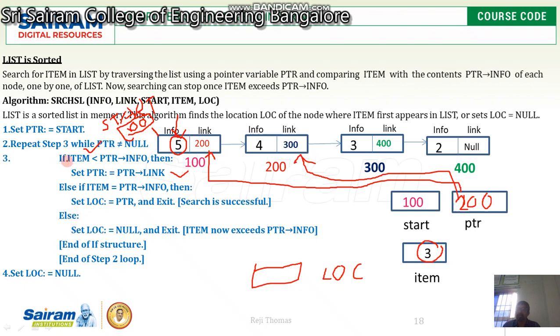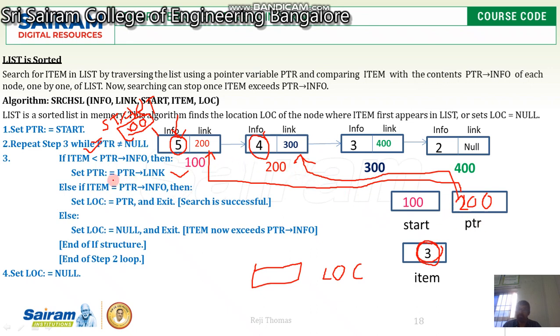If item is less than PTR info, what is the info for this, which is 4? And what is the item, which is 3? So this condition is true for the second time. In that case, you are going to change your PTR value. PTR was initially 100, then we changed it to 200.